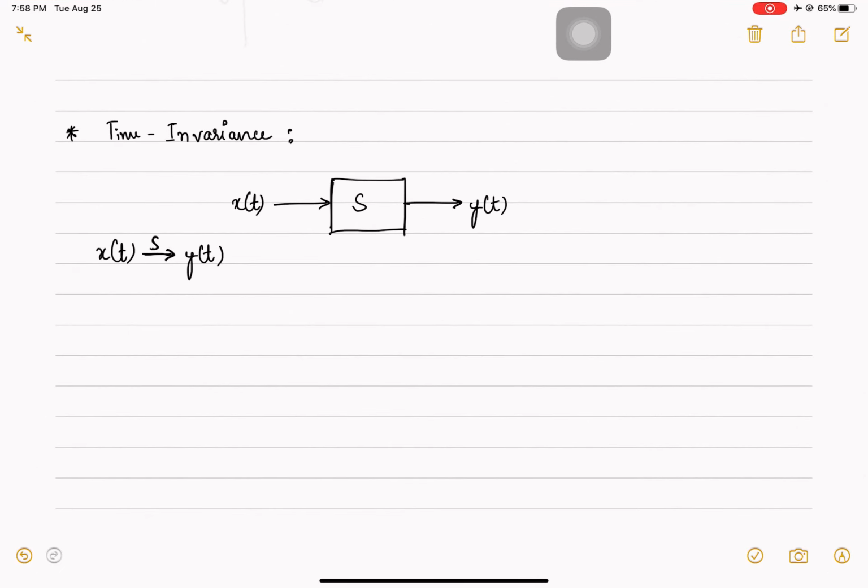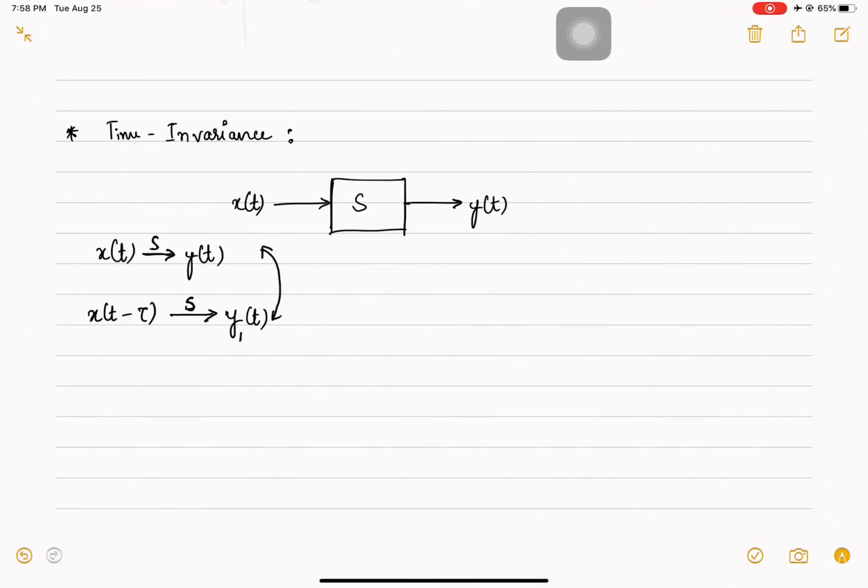Now I time shift the input by tau units, and I pass this shifted input through the same system S. I note down what the output is. Let's say the output is y1 of t. Now I will study the relation between these two.